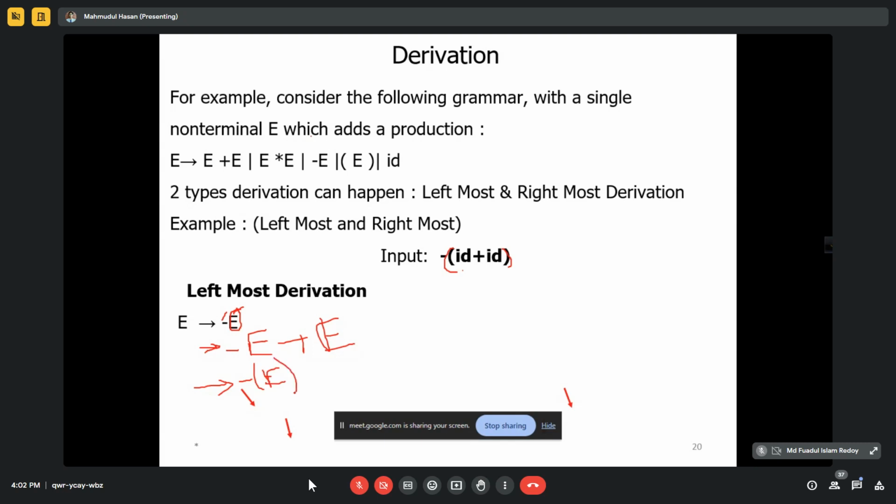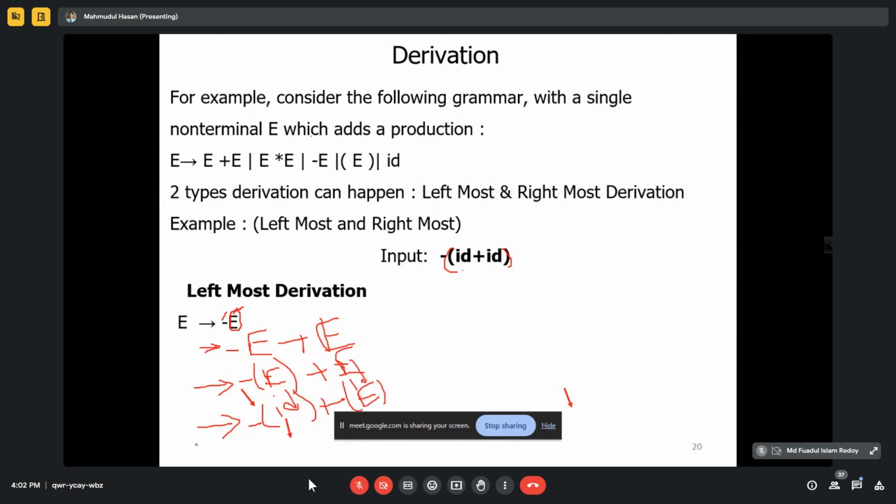Like that? But sir, how can I insert the input? If you change this E to ID, I will explain, no problem. This one is E plus E, then this E to ID.